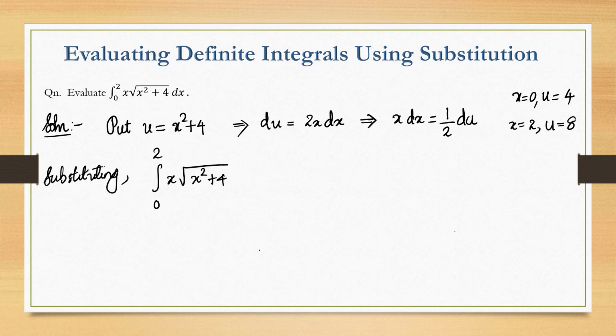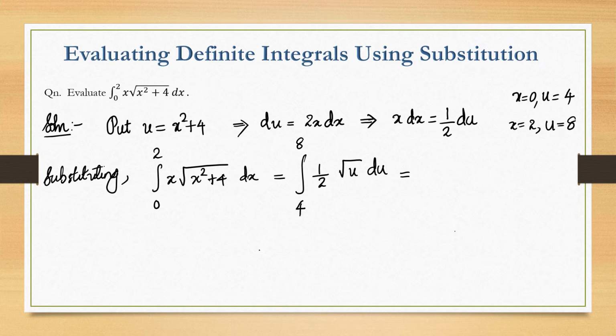Substituting in the given integral, we obtain integral 0 to 2 x into root of x square plus 4 dx as integral 4 to 8 1 by 2 root u du. While making the substitution, make sure that you change the interval of integration accordingly. Now by using fundamental theorem of calculus part 2, we can proceed.